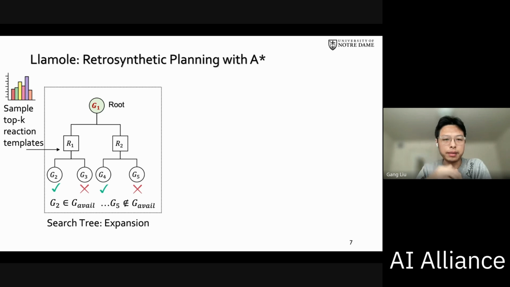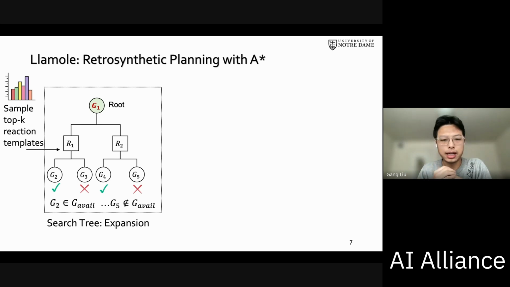And reaction 2 will decompose G1 into G4 and G5. But not all the reactants are immediately available or purchasable. In this case, only G2 and G4 can be purchased. They are available in some predefined data set. But G3 and G5 are not available. We still need to find a way to synthesize them. So which one should we choose to work on first?